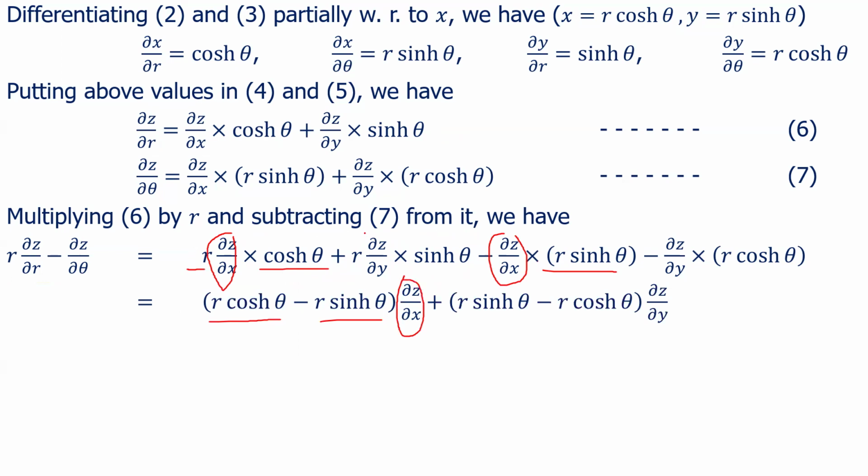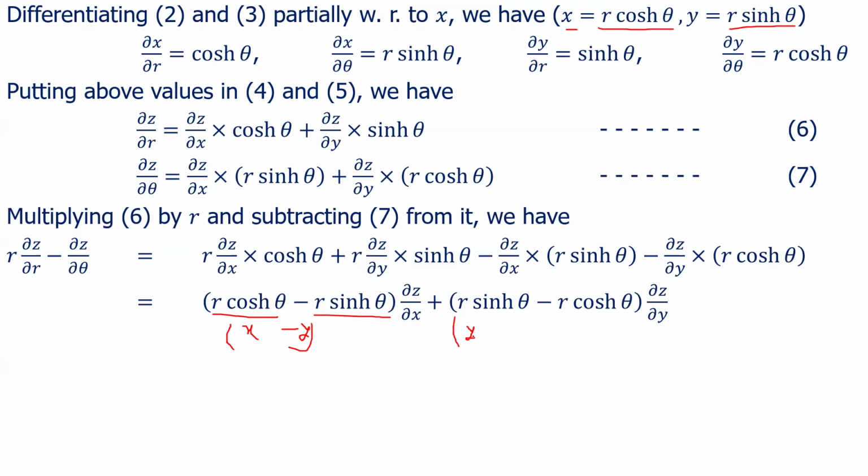In the remaining part, if we take del z del y common from the second and fourth terms, what remains is r sinh theta minus r cosh theta. Now just look here: what is the value of x? It is r cosh theta, so we can replace this by x. Similarly, r sinh theta is nothing but y. So we get x minus y, and here it is just opposite, y minus x.